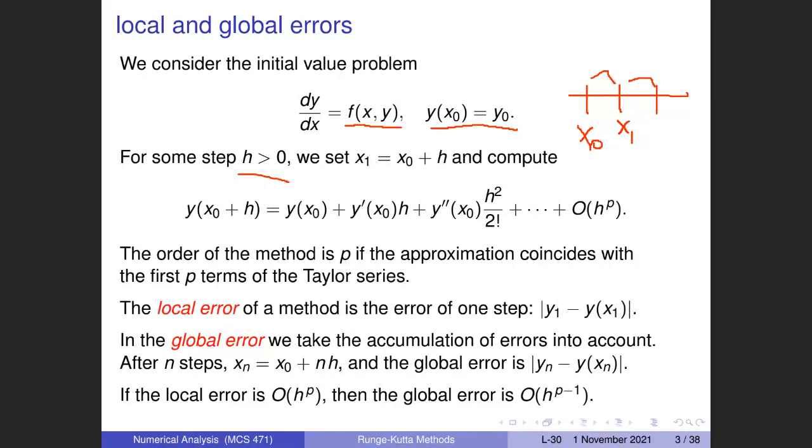And where we truncate the Taylor series, we say that the order of the method is actually the error from the truncation. With Euler, we truncated the second term. And the Euler method then has a second order local error.